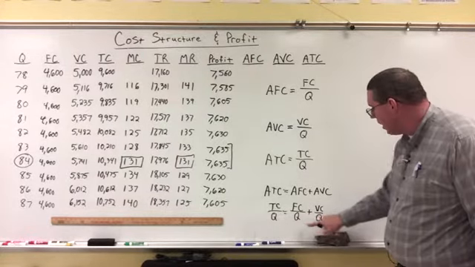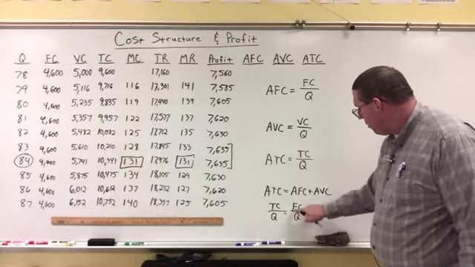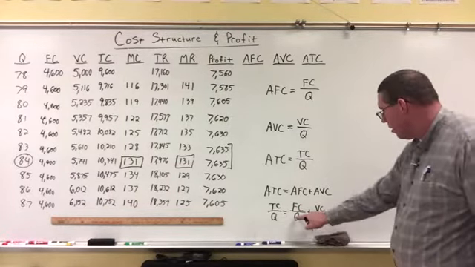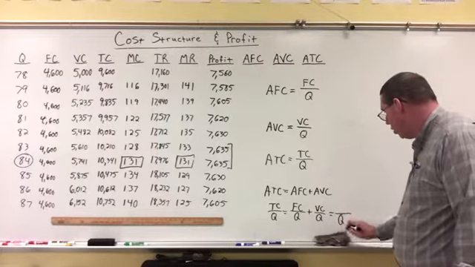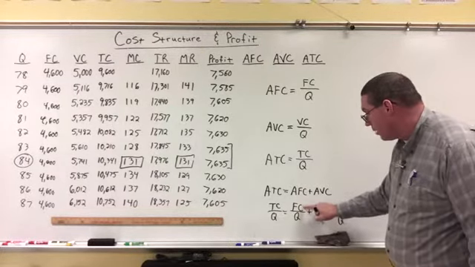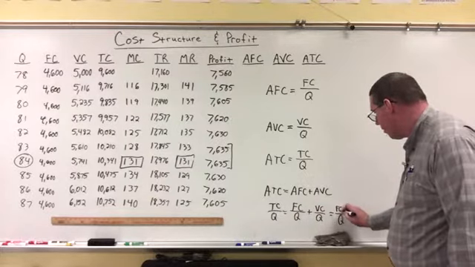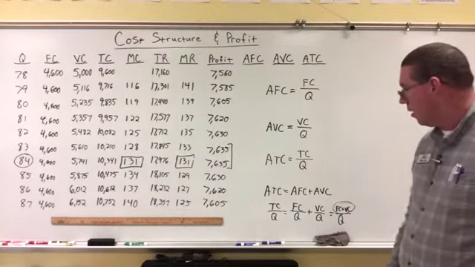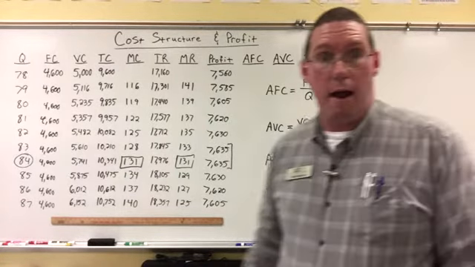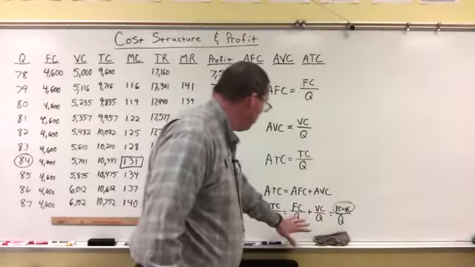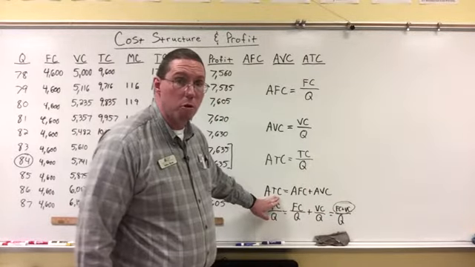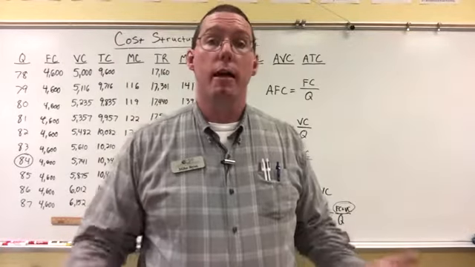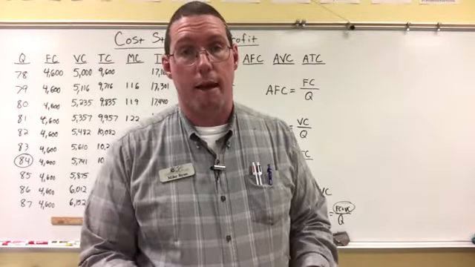And look, we have a common denominator here. So if we add these two fractions together, we just bring over Q, and then add the numerators together, fixed cost plus variable cost. Well, what is fixed cost plus variable cost? That's total cost. We learned that in the last lesson, right? So it is true that you can get average total cost by adding up average fixed cost and average variable cost.